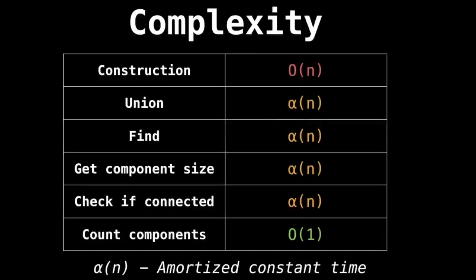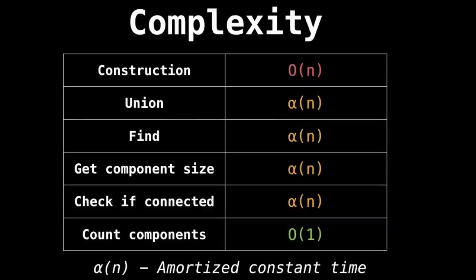So what kind of complexity can we attribute to the union find? The complexity is excellent. Its construction is linear time, which isn't actually bad at all. Then the union, find, get component, and check if connected operations all happen in what's called amortized constant time.